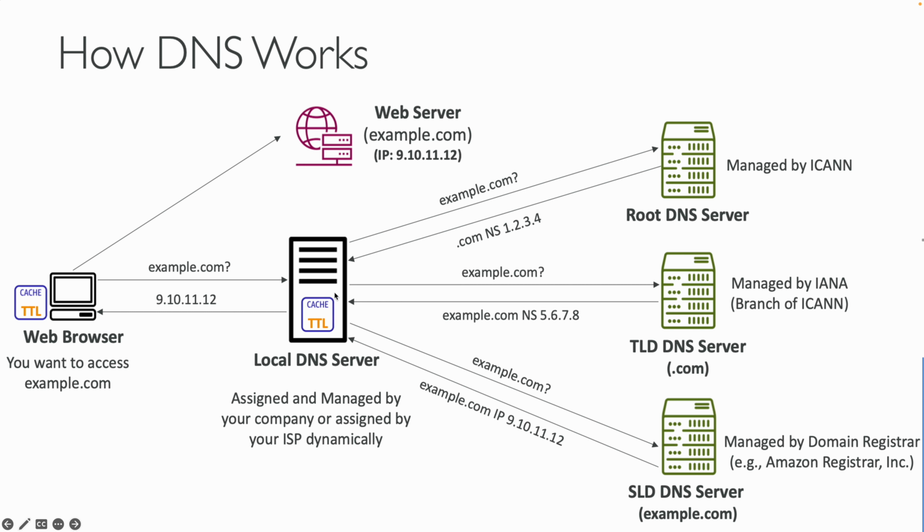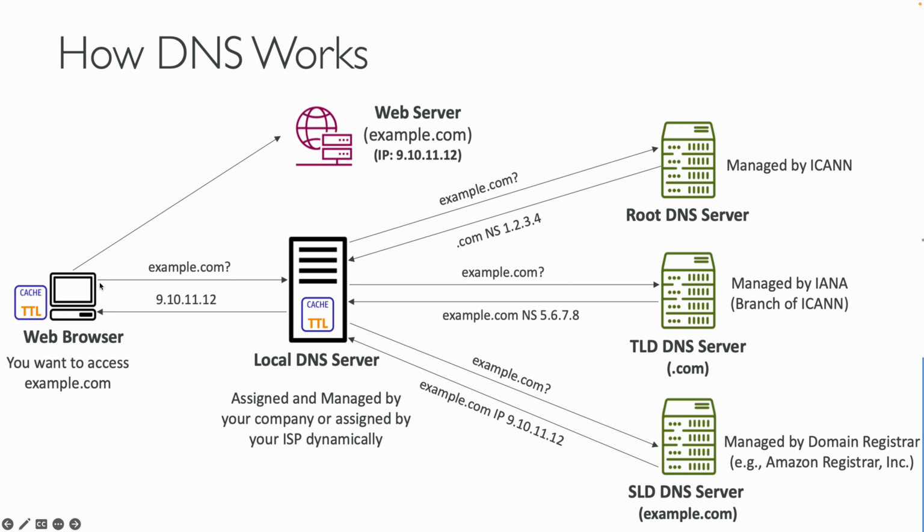Sometimes this cache will be available in the browser also. So when you enter example.com, it will get this IP from the cache in your internal browser, and it will go to that particular server instead of going to all these name servers. Once this time to live is completed, that particular information is removed from the local DNS.